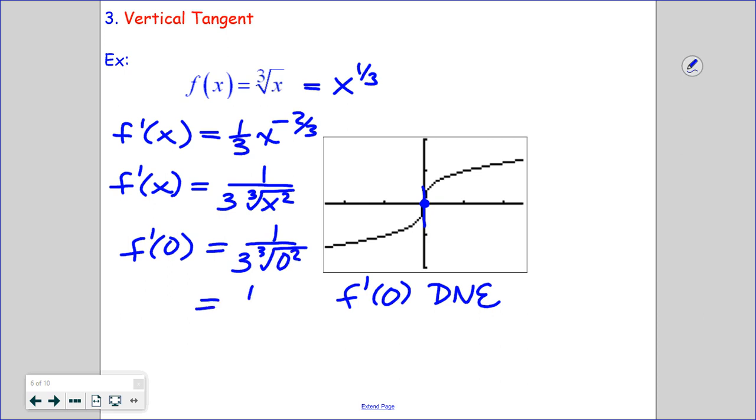All that is still going to equal 1 over 0, which is undefined. So, algebraically, you're going to end up with 0 in the denominator, but graphically, what's happening is that there is a vertical tangent line in the graph. So again, that would be another case where the derivative does not exist because derivative is slope. Slope of a vertical line is undefined or does not exist.